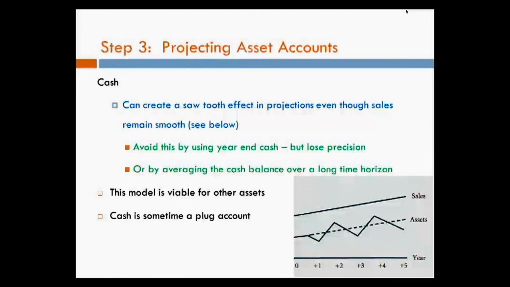Let's say we had cash in year T minus 1 of 20, and then we had cash in year T0 of 100.